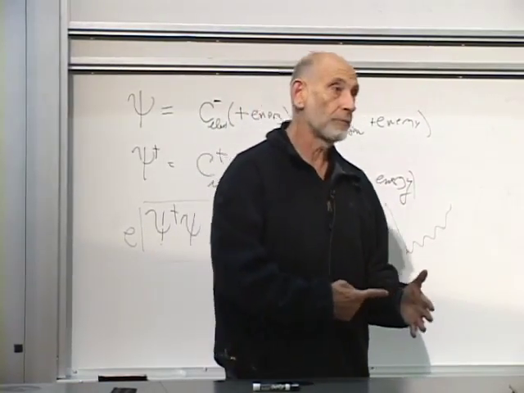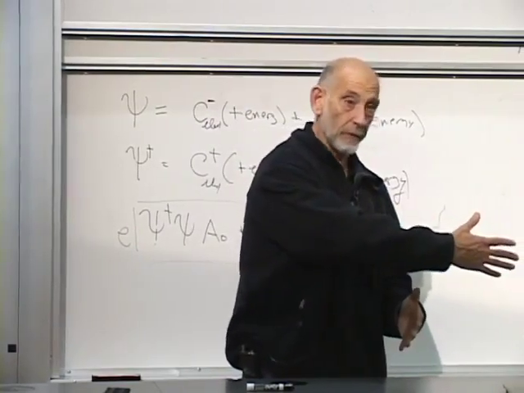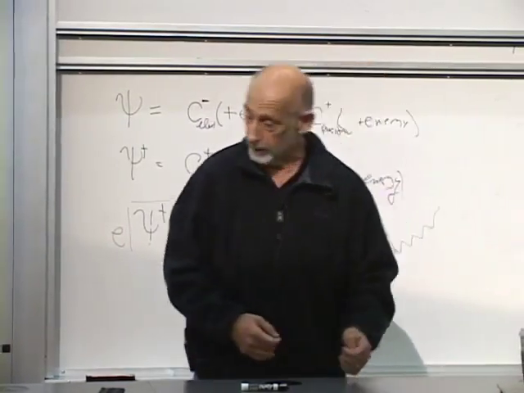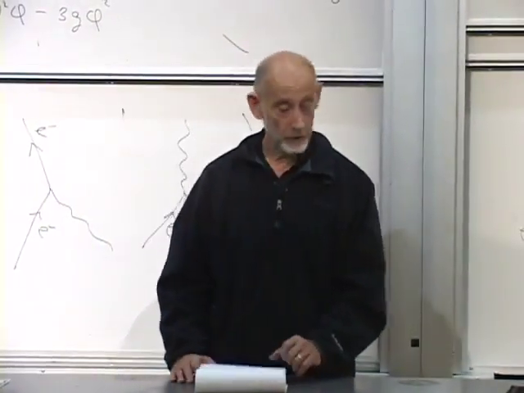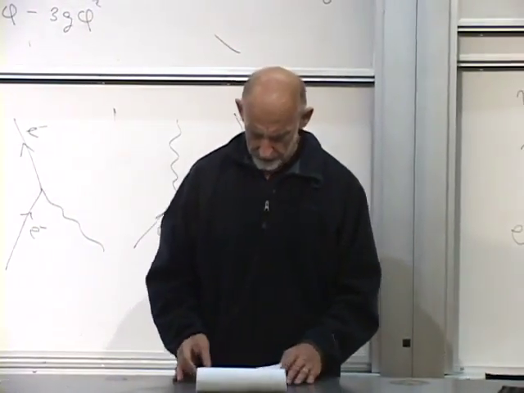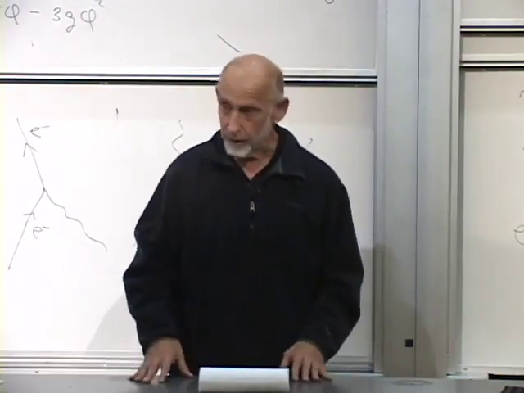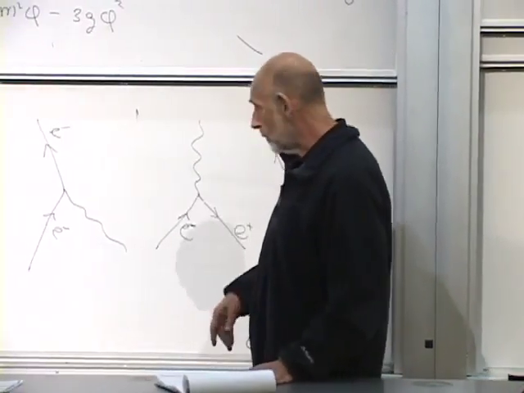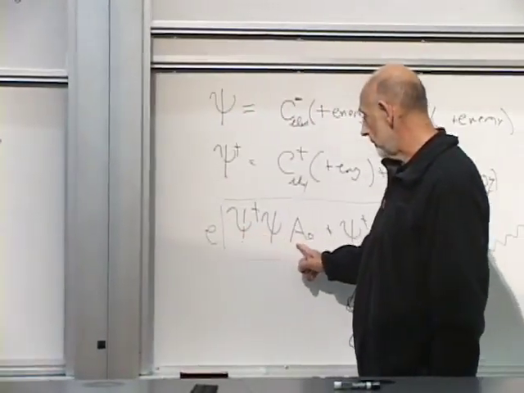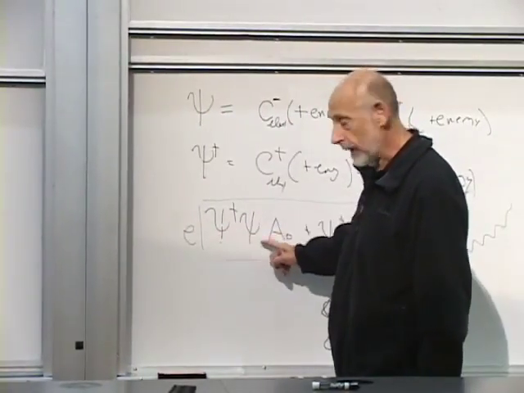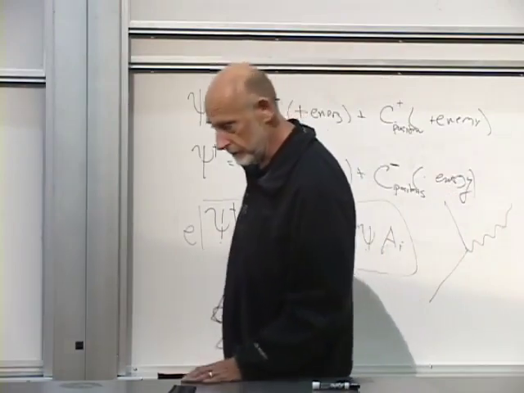What's the probability that its momentum continues in the form of a photon? That's the square of the electric charge. So that's the meaning of the electric charge in quantum mechanics. In classical field theory, it's just a coefficient in front of the interacting psi and E fields.